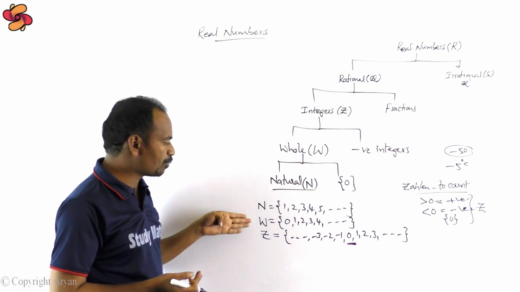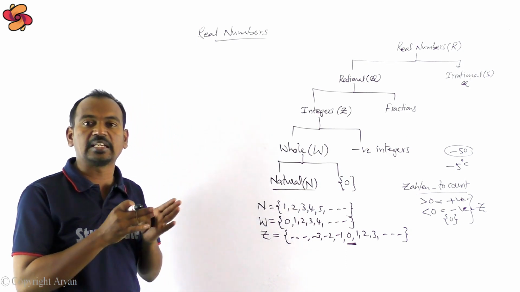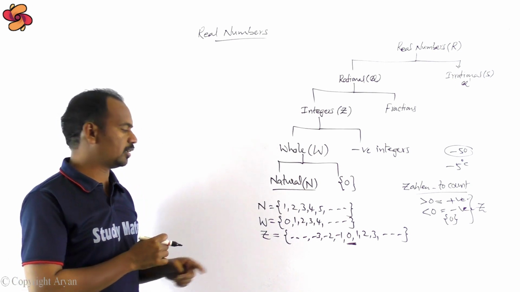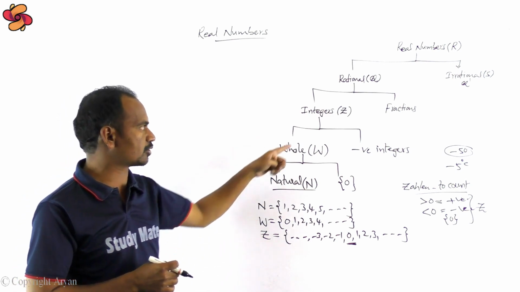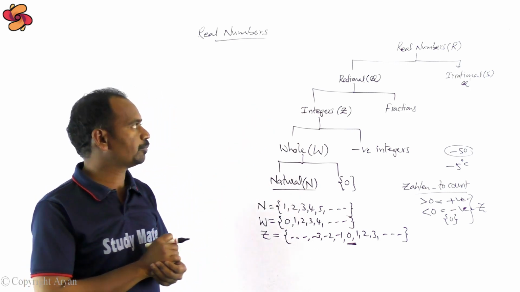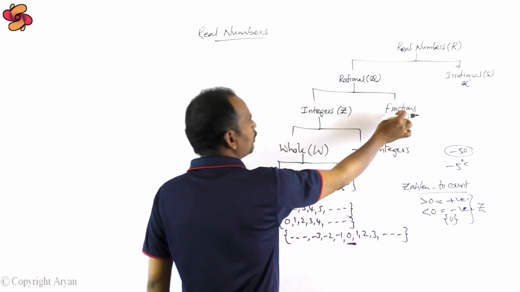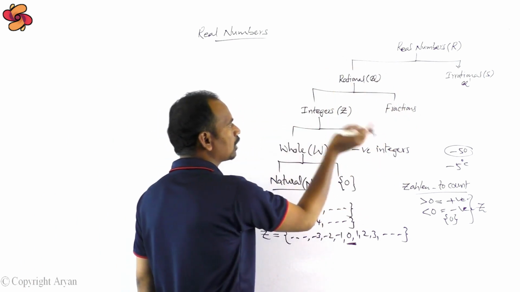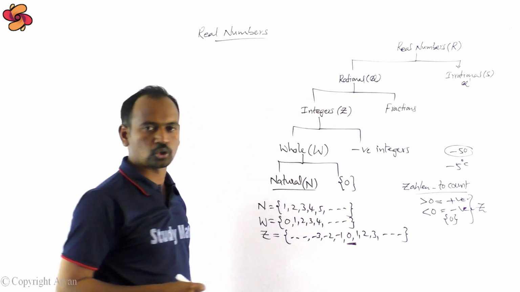Now these three number systems we have discussed in 6th and 7th classes only, isn't it? And the set of integers. So these are very important here, right? So coming to fractions, these negative integers also come under the set of integers only.